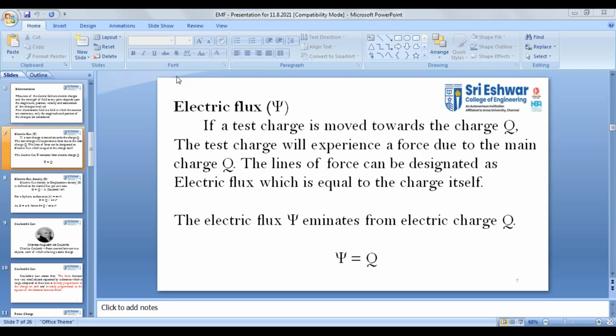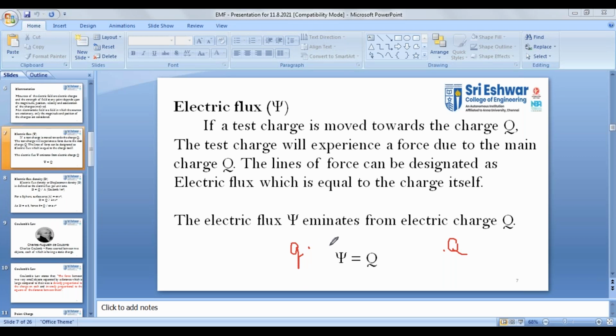I have a main charge, capital Q, somewhere here, and I am going to bring a test charge, small q, somewhere here.